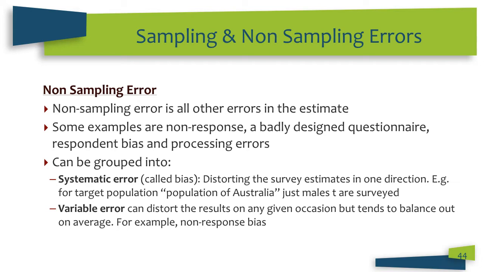And the other section is variable errors. These are the errors that can distort the results of your survey, but they tend to balance out on average. For example, non-response bias, the people who do not respond. That is an error because your plan was to be random, and since half of the people did not respond, now you're not sure whether you're random or not, but it tends to get averaged out because every time you do it, the same thing would happen.